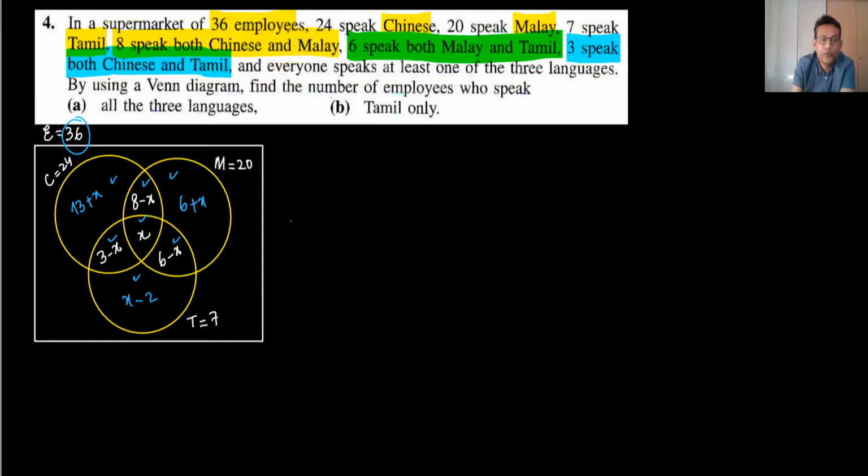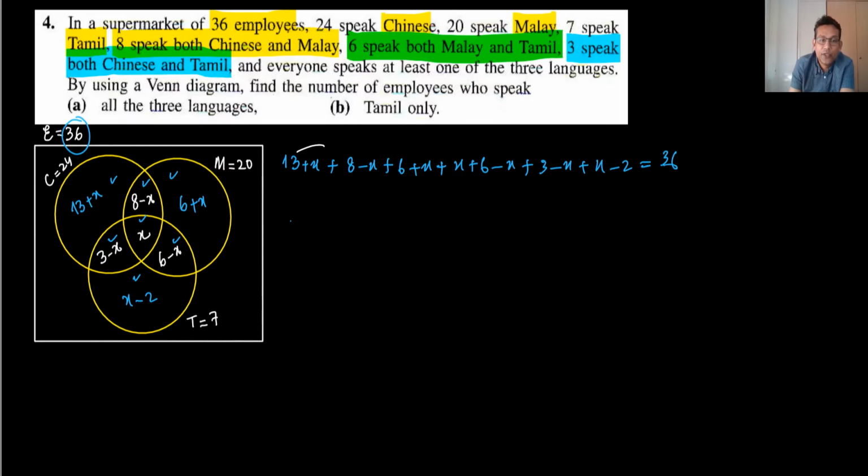All this area we have to add: 13 plus x plus 8 minus x plus 6 plus x, x, 6 minus x, plus 3 minus x in this area. I have one more method to find this, but I think so this is the easiest one to get all the answers. Right?